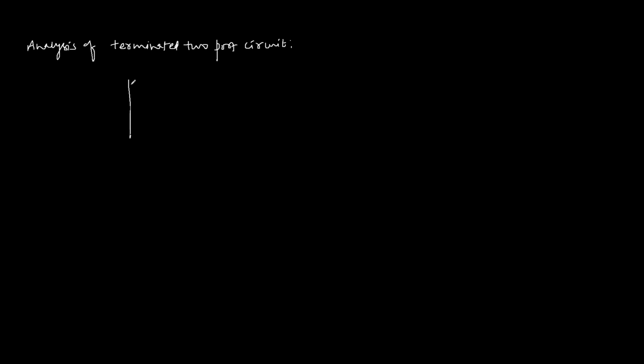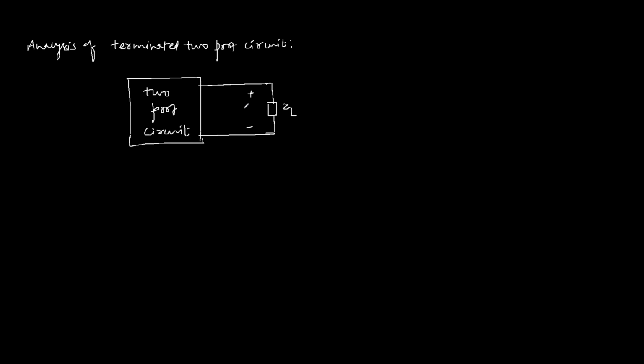Again, terminated two-port circuit means port 2 is terminated at some load impedance. This is the two-port circuit. Port 2 is terminated at load impedance ZL. Voltage at port 2 is V2. Current at port 2 is I2.